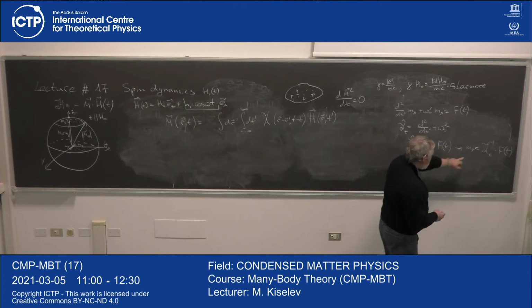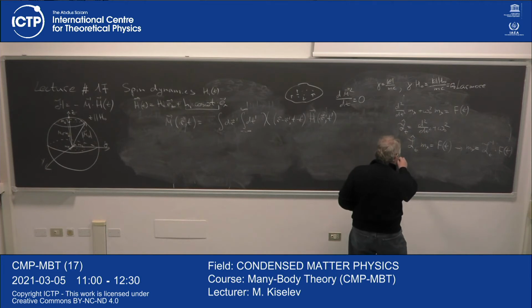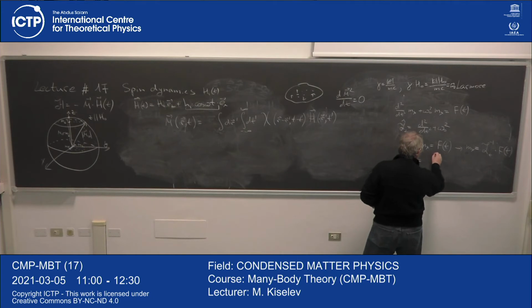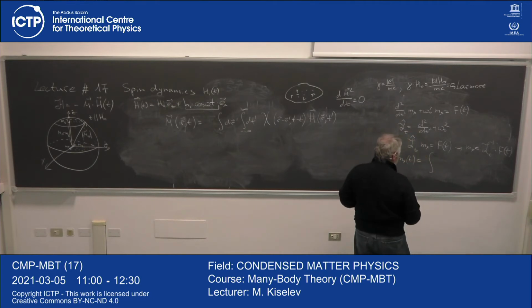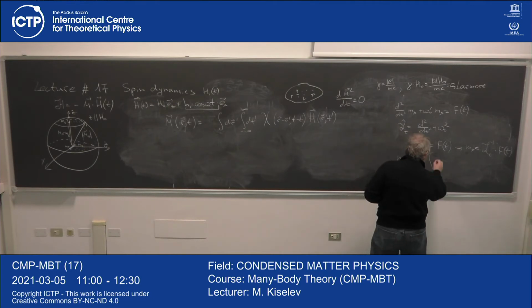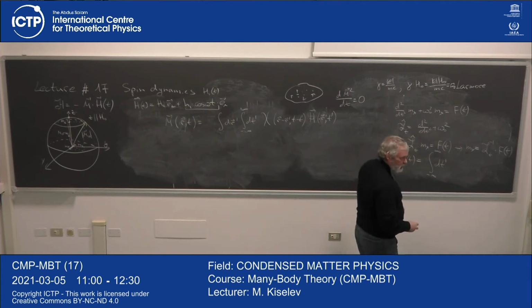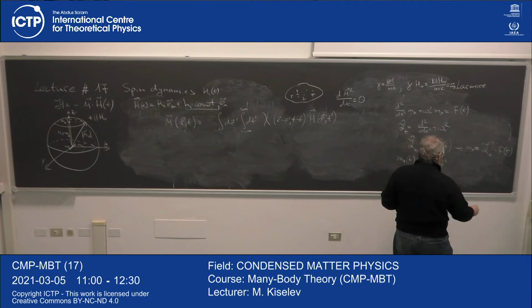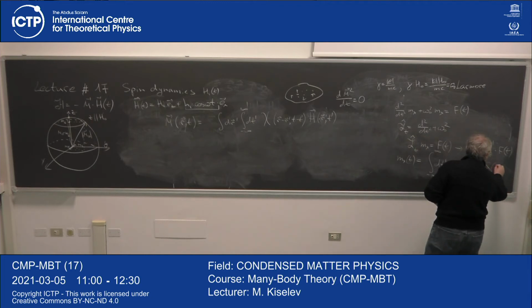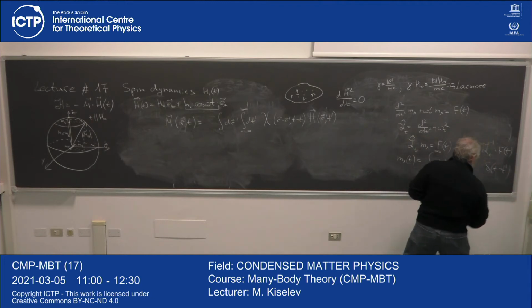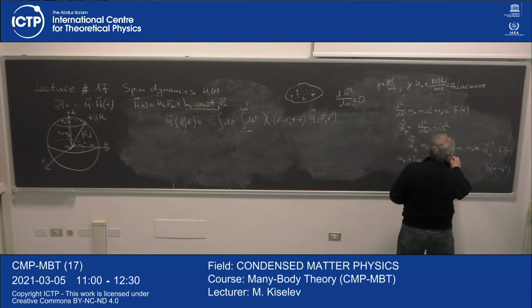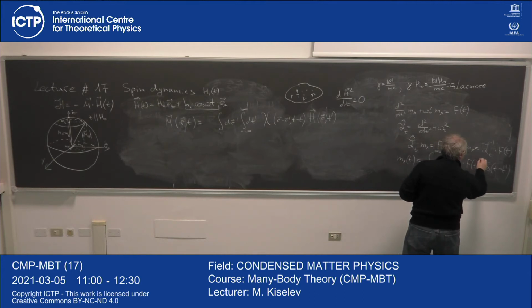I can rewrite this equation as mx(t) equal to the integral from minus infinity to infinity dt prime. I put a delta function delta(t minus t prime), because this is the identity, and then I write L_t prime minus 1 times f(t prime).